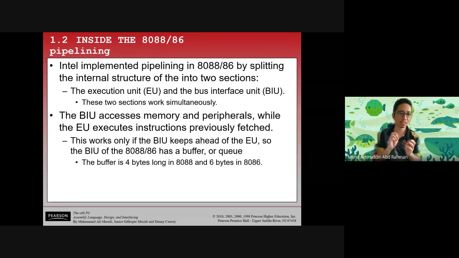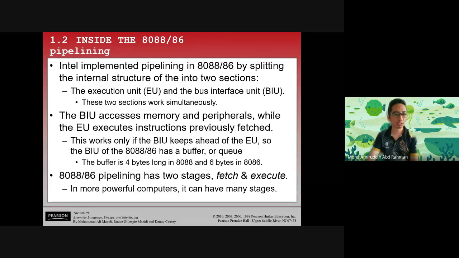If not, then it will be trouble, and the microprocessor will be confused about what to do. So it must be in sequence. Once you do this, then you do that, and then another thing, and so on. The buffer size is 4 bytes long in the 8088 and 6 bytes in the 8086.